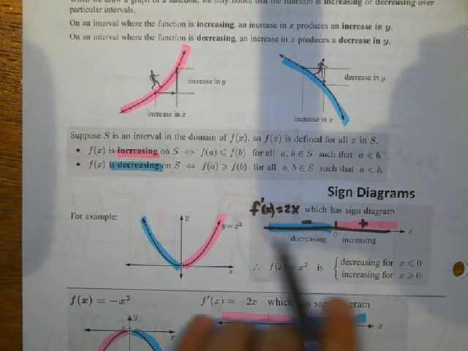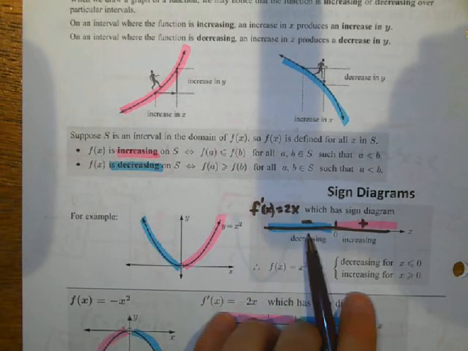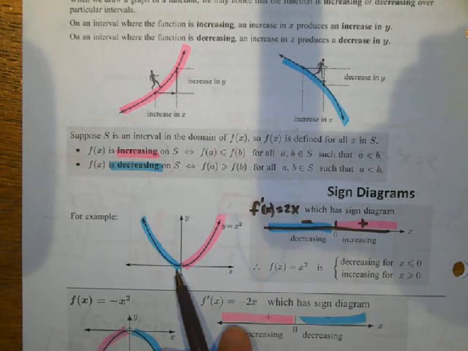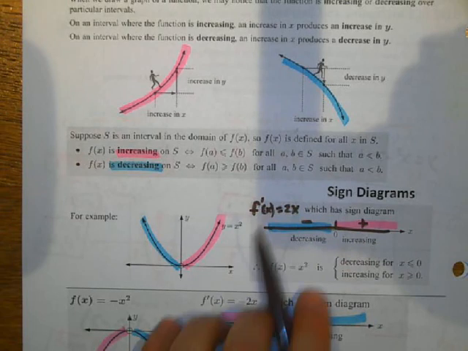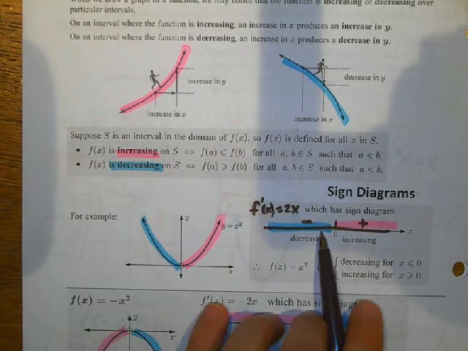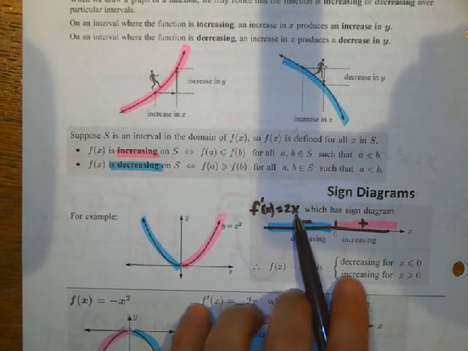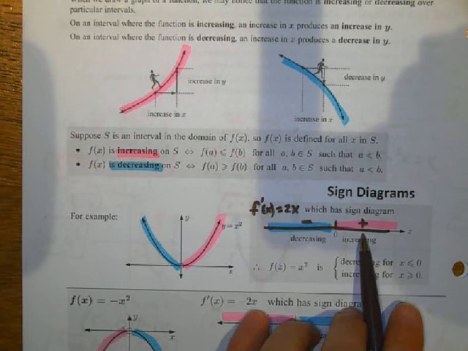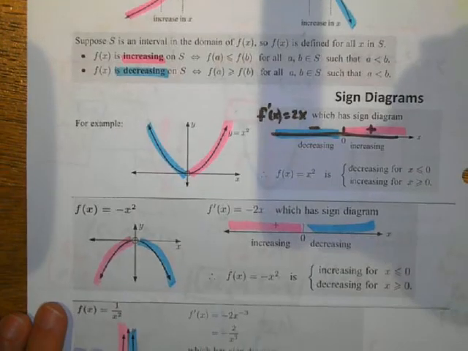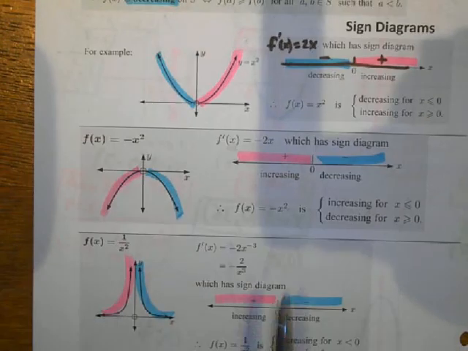Our derivative is negative here. If I plug in a negative value in for x, we're going to get a negative value for our derivative. Over here, if I plug in a positive value for x, 2 times the positive value is going to give me a positive value here. Let's talk through these two before we do the next problems.